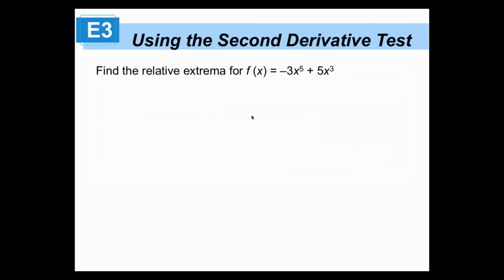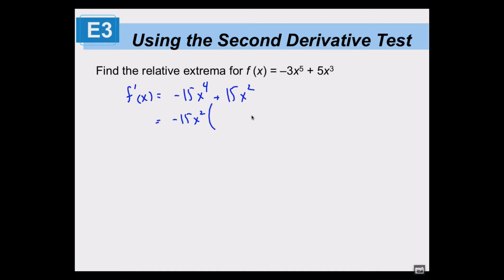All right. So I need to find the first derivative. That's easy. Negative 15x to the fourth plus 15x squared. Okay, so far? Find the critical numbers. So factor out a negative 15x squared.